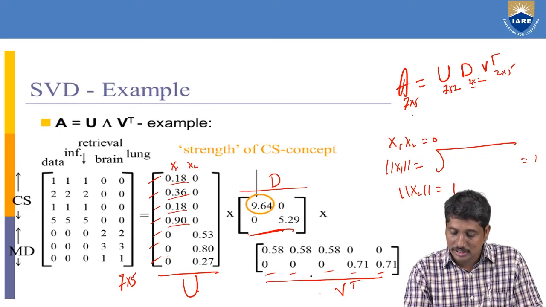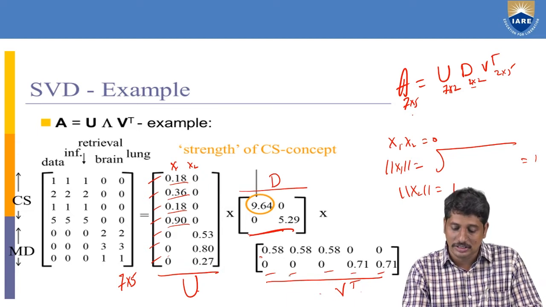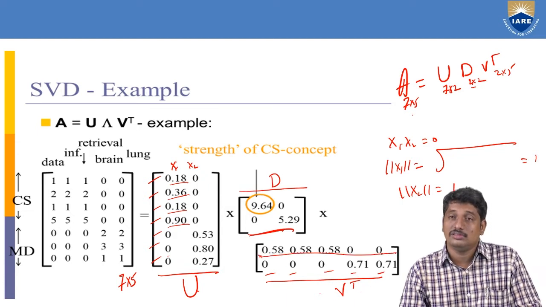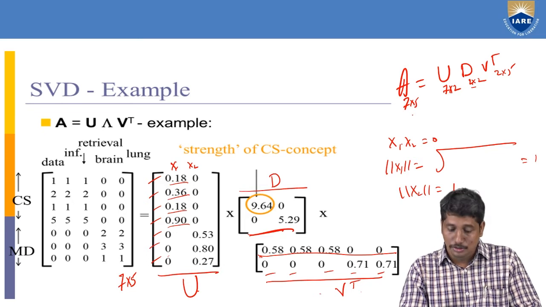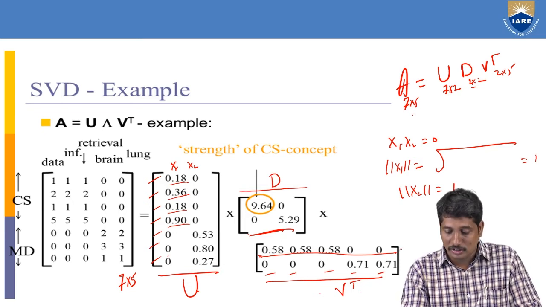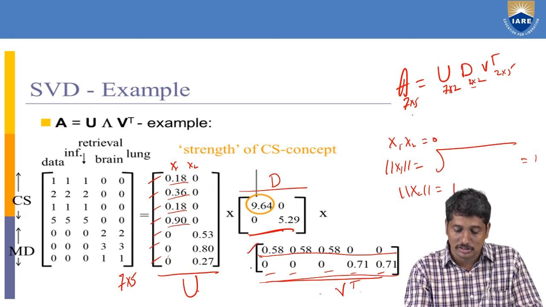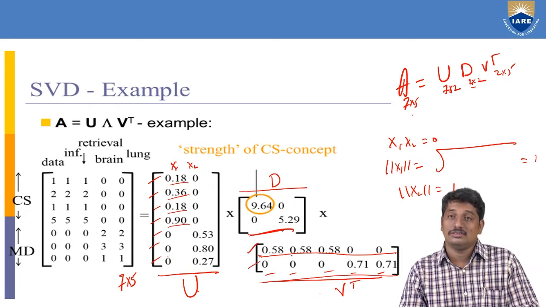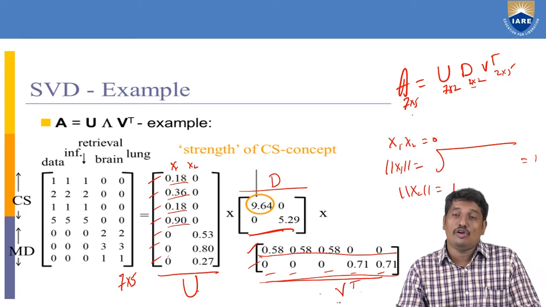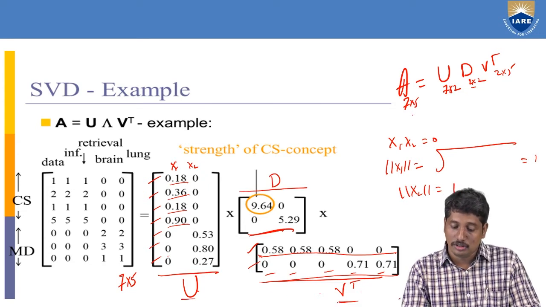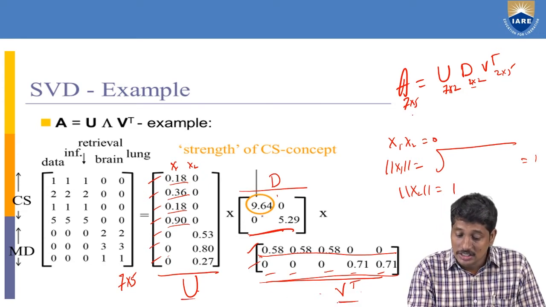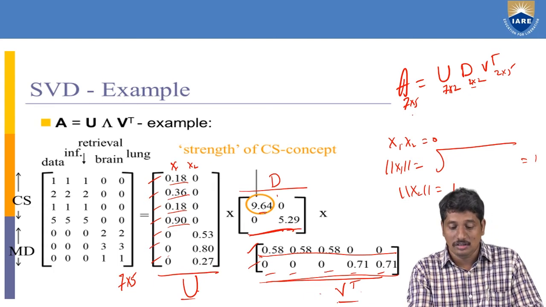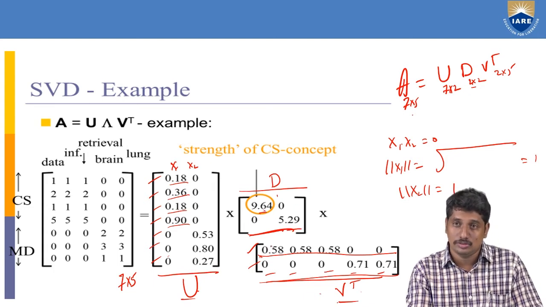So we say U is an orthonormal matrix. Similarly, you can check for V, for V transpose, if you see it as V, this vector will be a unit vector, that is the norm of this vector is 1 and the norm of this vector is also 1, and these two vectors are orthogonal to each other. So V is also orthonormal, U is orthonormal, V is orthonormal, and D is a diagonal matrix. Except the diagonal, the remaining entries are all zeros.